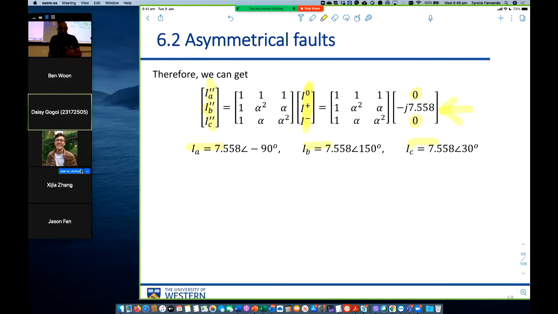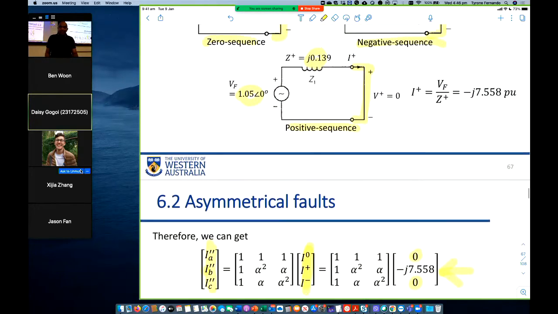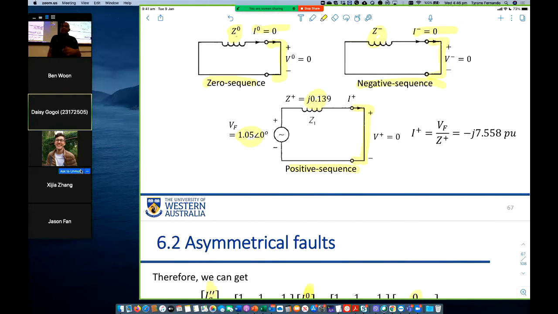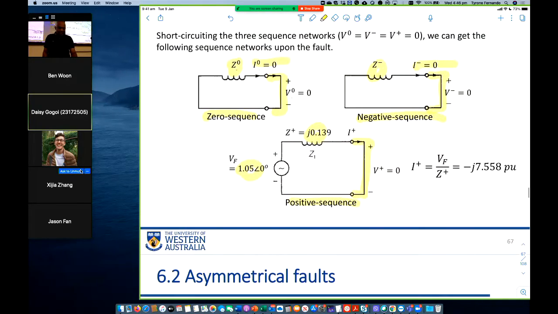Now, when we are going to do the calculations for other types, single line to ground fault, line to line fault, or double line to ground fault, it's a question of how we are going to connect the three sequence circuits that is going to matter.